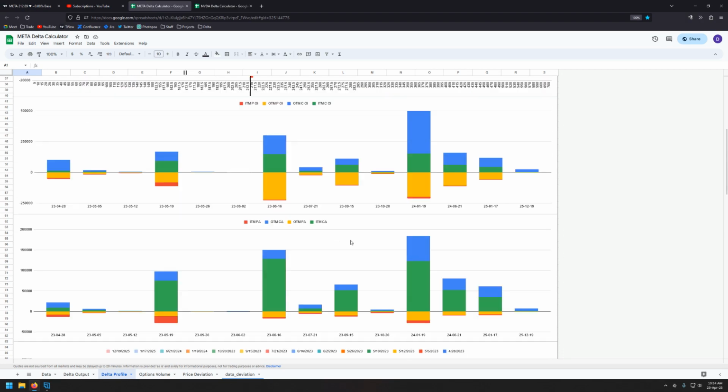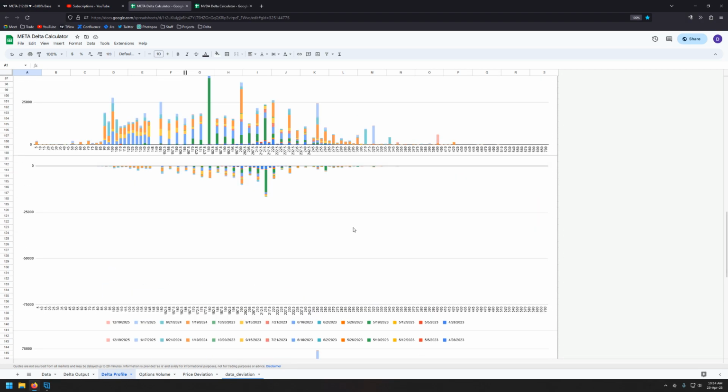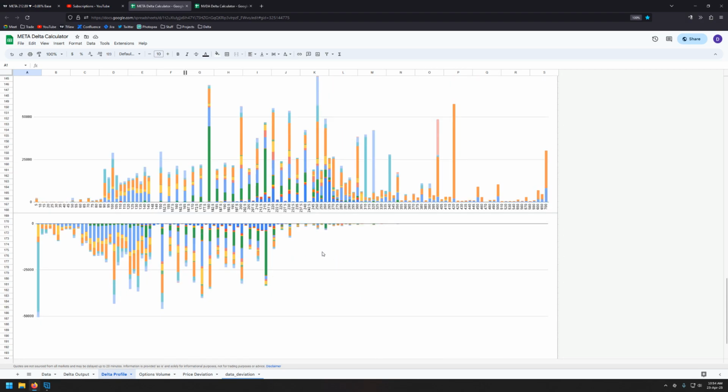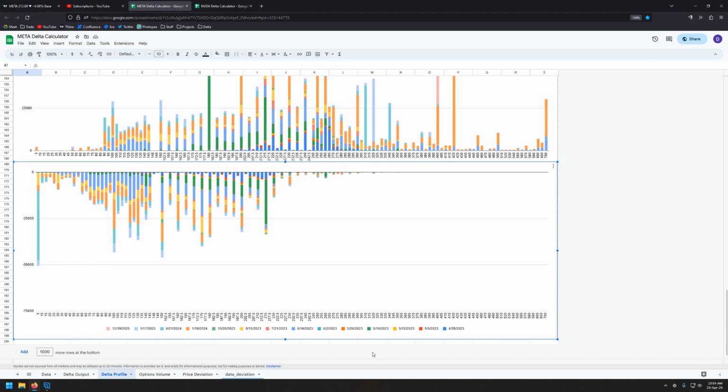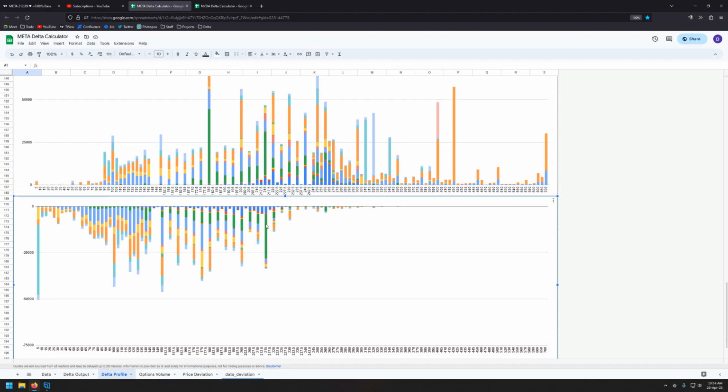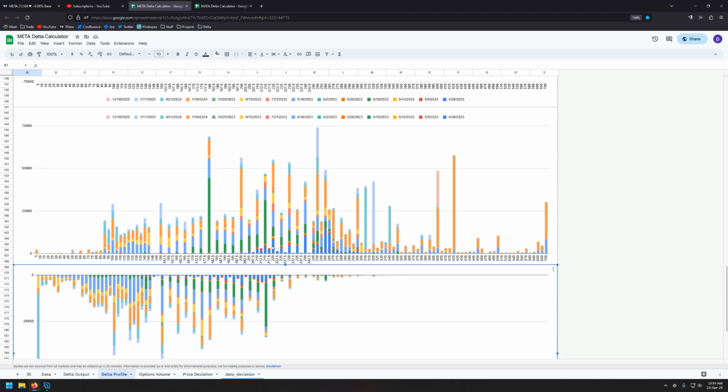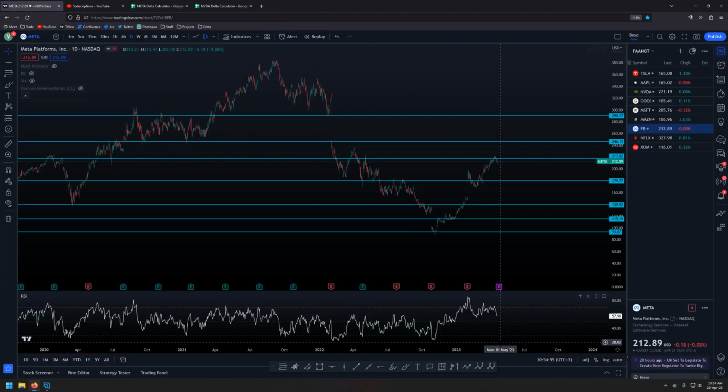Let's look at the delta profile a bit. So we are at 212, around here. And what's this green thing? It's May. So you have a bunch of puts on 215 for May, and then a bunch of bullish call OI for next week.